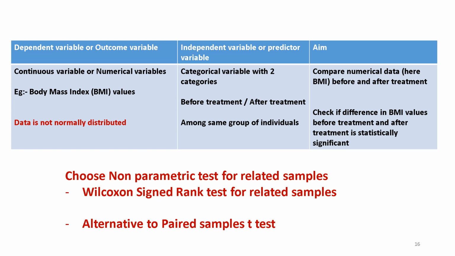What is the aim? Compare numerical data before and after treatment when data is not normally distributed. Check if the difference in body mass index value before treatment and after treatment is statistically significant when data is not normally distributed. So which test? Wilcoxon signed rank test for related samples. That is a non-parametric alternative to the paired t-test.